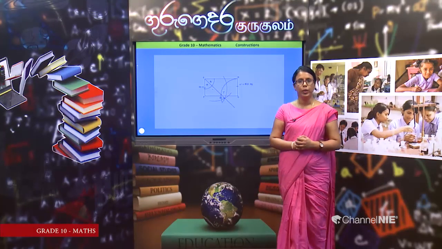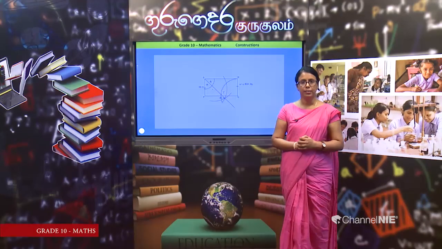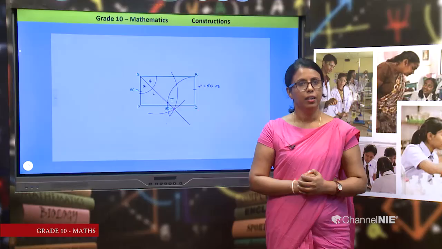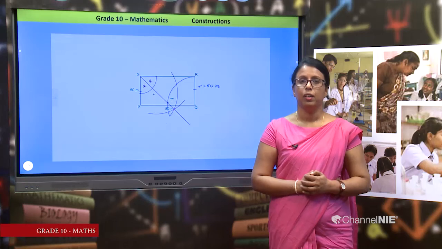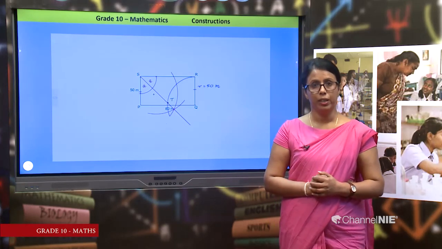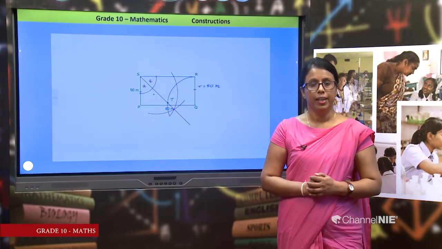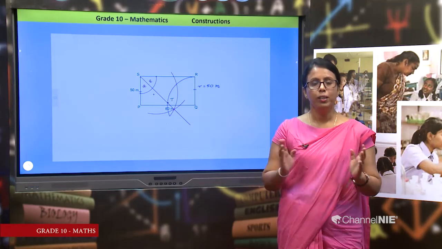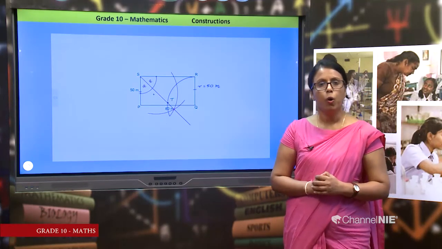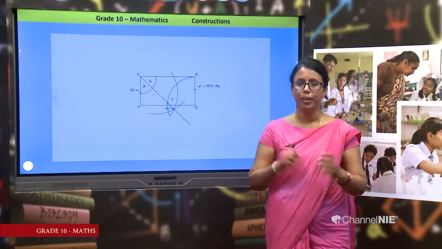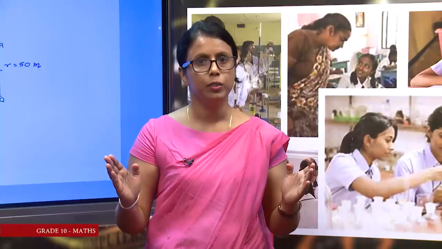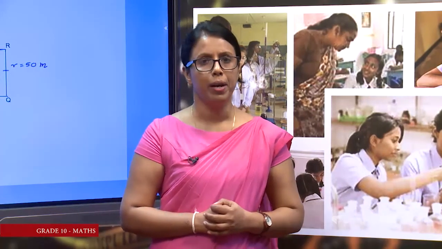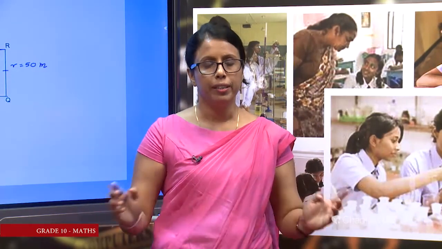The locus of a point moving at a constant distance from a fixed point is a circle. Second one. What is the second locus we learned? That is the perpendicular bisector. The locus of a point moving at a constant distance from two fixed points, equidistant to two fixed points, is the perpendicular bisector of the line joining the 2 points.